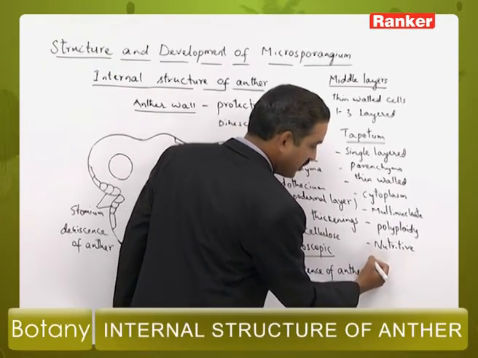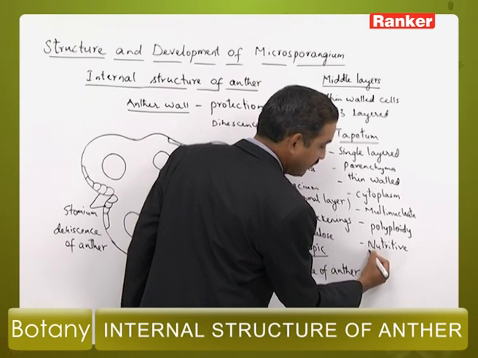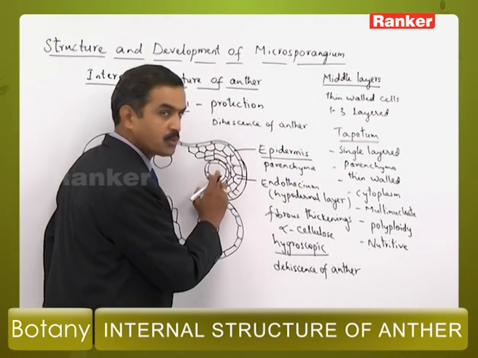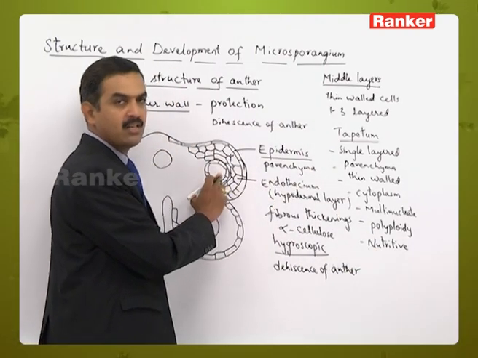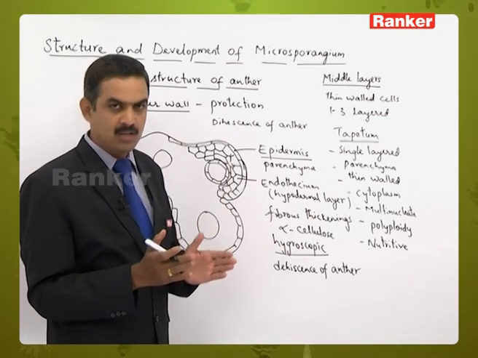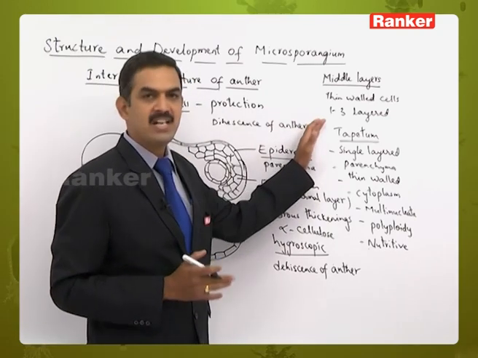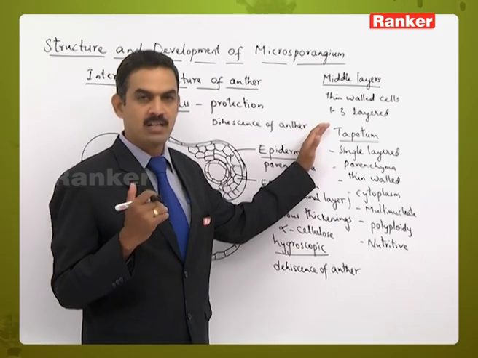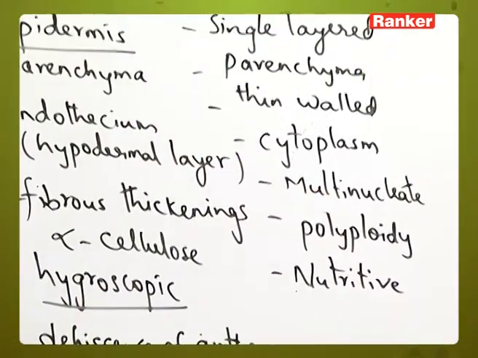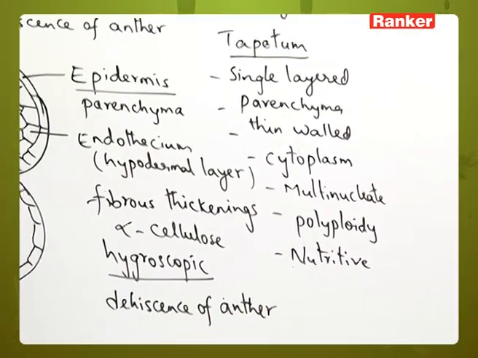By the time the microspore mother cells are completely converted into pollen grains, the entire tapetum layer will be exhausted. Exhausted in the sense that it has been completely consumed by the developing pollen grains.